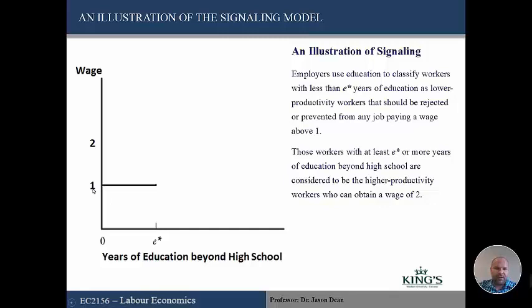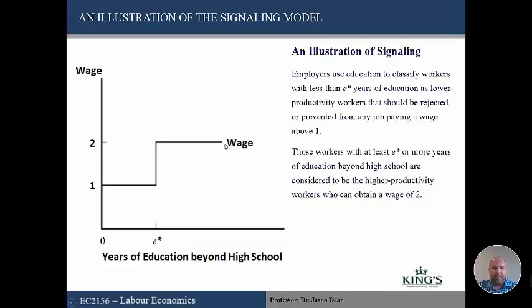Okay, so we have two wages, 1 and 2, and we have our E star. Any workers who have anything less than E star, employers are going to believe that they're low ability and will only offer them a wage of 1. Any workers who have education above E star would be offered a wage of 2.